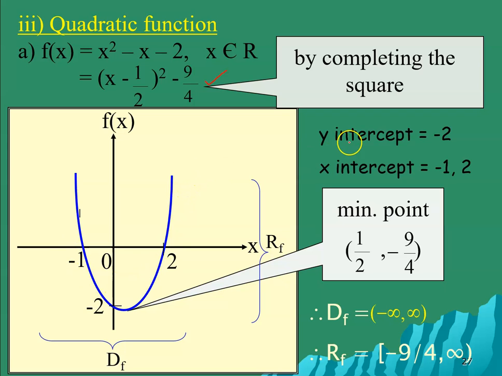So you will have your y-intercept equal to -2 and your x-intercept equal to -1 and 2. So this one, pintasan paksi x dia adalah yang ini, pintasan paksi y dia adalah -2. So the minimum point over here is this one, minimum point. Okay, the minimum point yang ini.